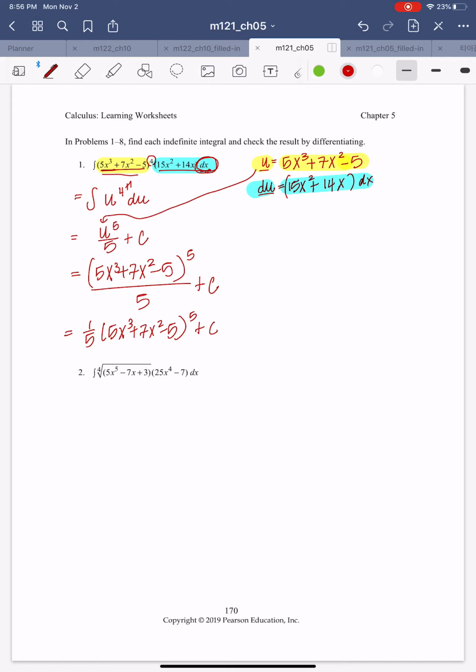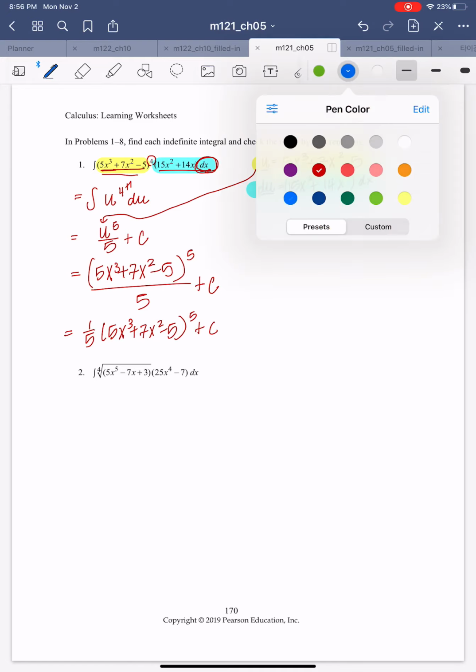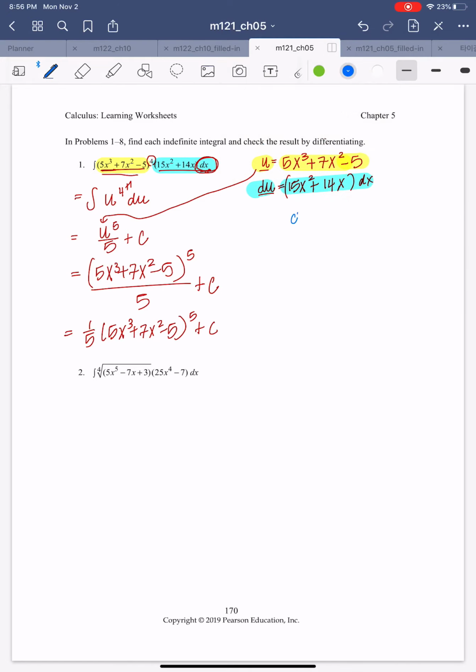Now remember in 5.1, I told you that you can check every single problem. So I'm going to do the check because it's our first time doing it. If I take the derivative of this function, then I better have this matching answer inside of the integral. So if y is equal to 1 over 5, 5x cubed plus 7x squared minus 5 to the fifth plus c, well, you know that this is a chain rule, so I'm going to have the 5 come out, right?